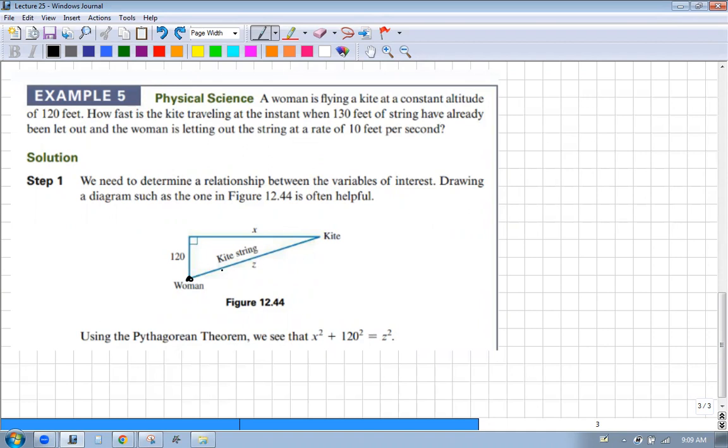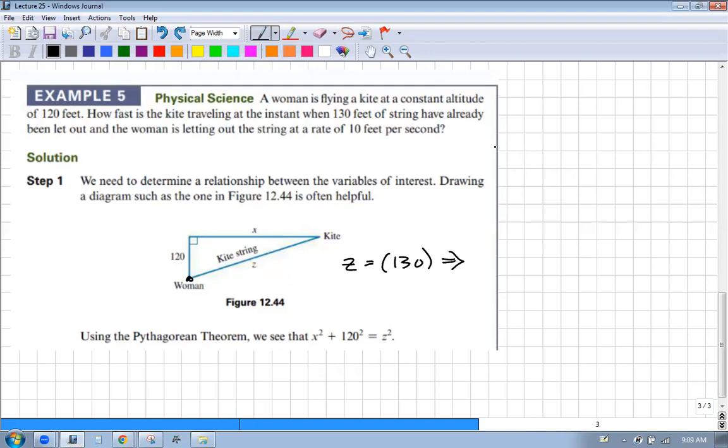let out? So here's the string. They use the letter Z for string here. We want to know when this thing is at 130 feet, how fast is the kite traveling?